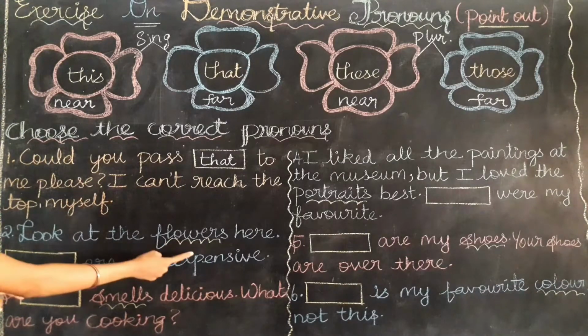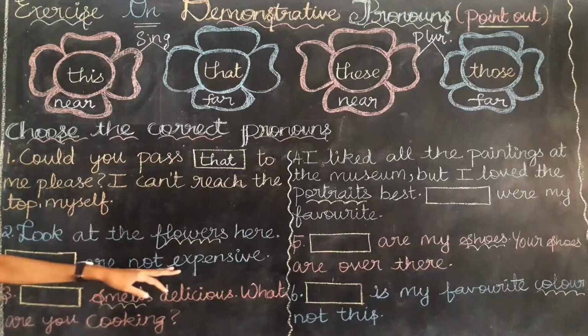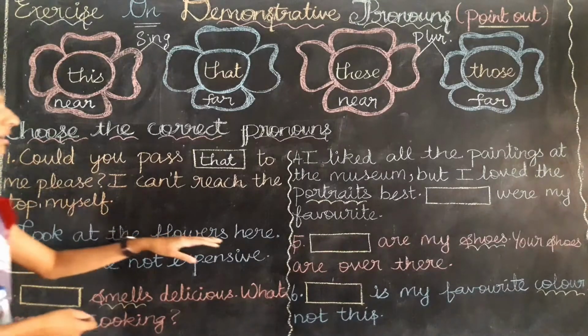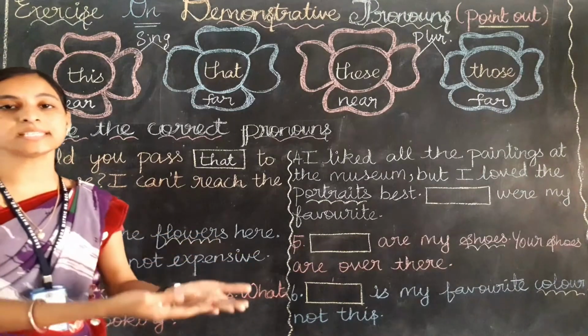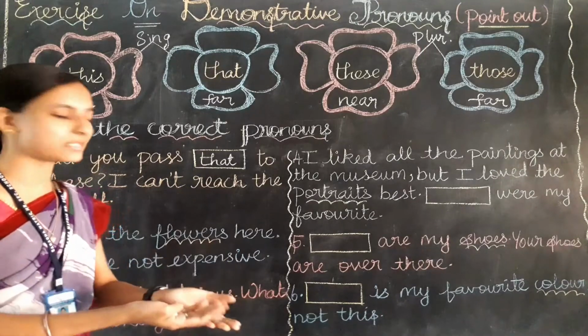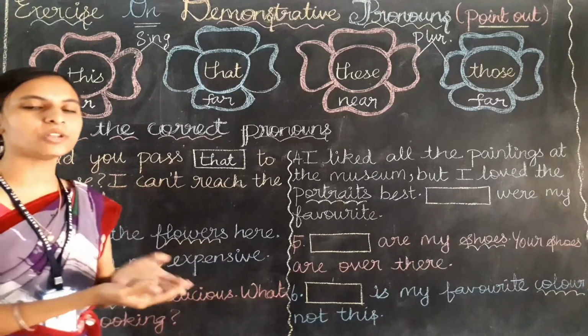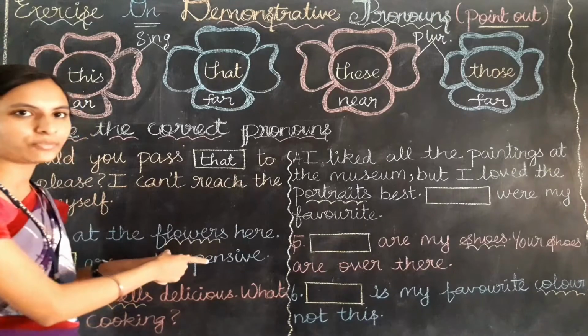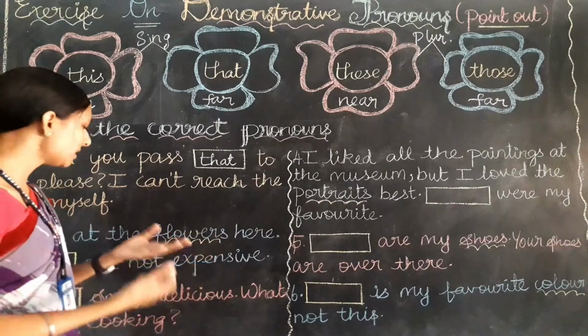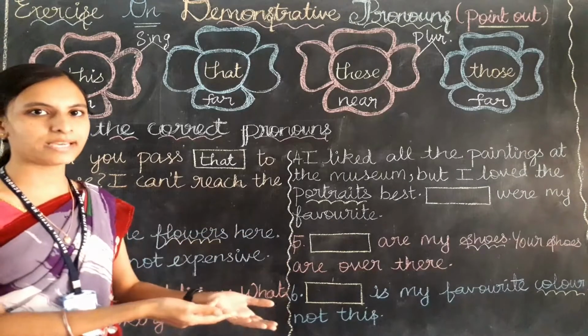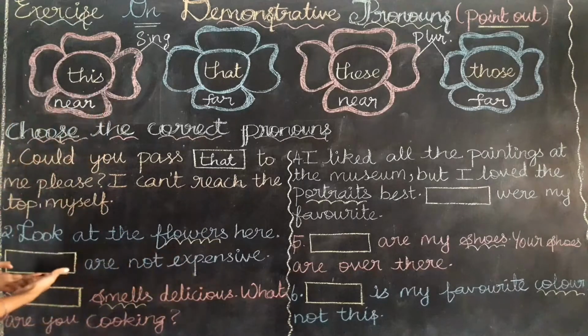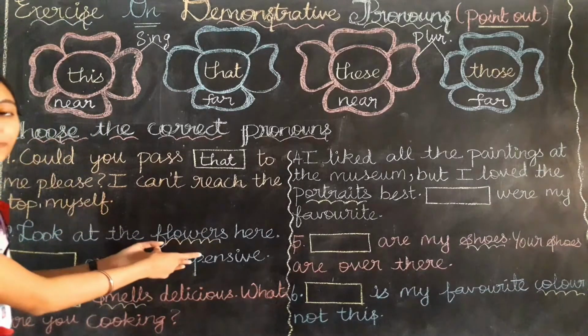Look at the flowers here. Dash are not expensive. Here means it is nearby. Okay, it is nearby us. So does flowers stand for singular or plural? Yes, it is plural. So just imagine that the flowers are nearby us. Which pronoun do I need to use for referring to the flowers?